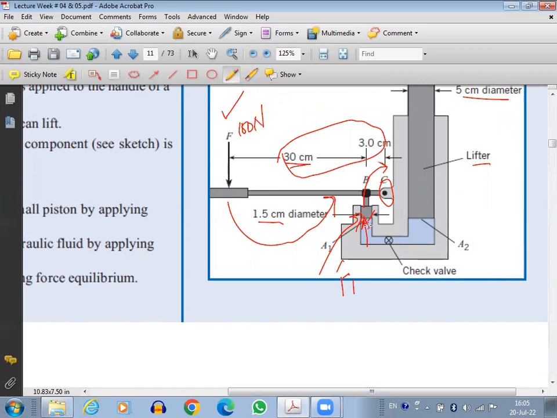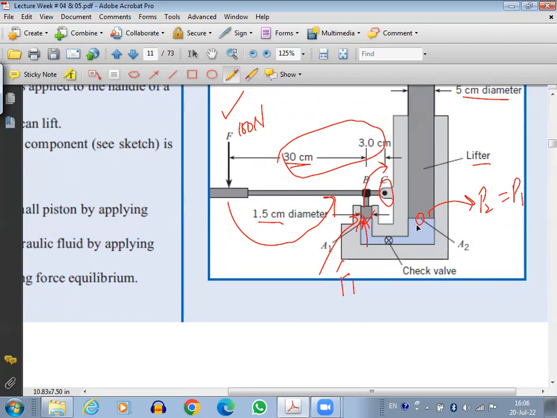So whatever pressure is applied at point 1 will be the same pressure applied here at point 2, because this is the fluid which is in contact with piston 1 and piston 2. If piston 1 is applying a certain pressure, the same pressure will be transmitted to piston 2. So the pressure at this point, P2, will be the same as P1. This is Pascal's law.